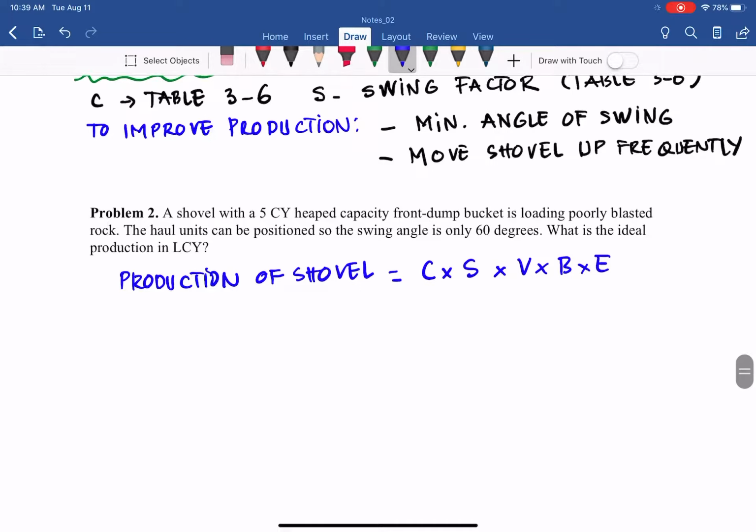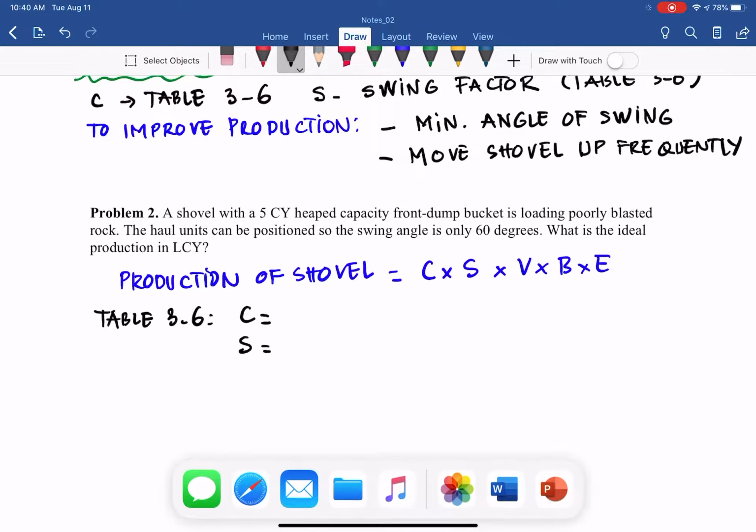With that we can go to table 3.6, where you can find out what C is, the number of cycles. And we can go to that same table to find out the swing factor. In this case, 5 cubic yard heap capacity and 60 degrees. Keep that in mind. And this is a poorly plastic rock, so let's go down to here.